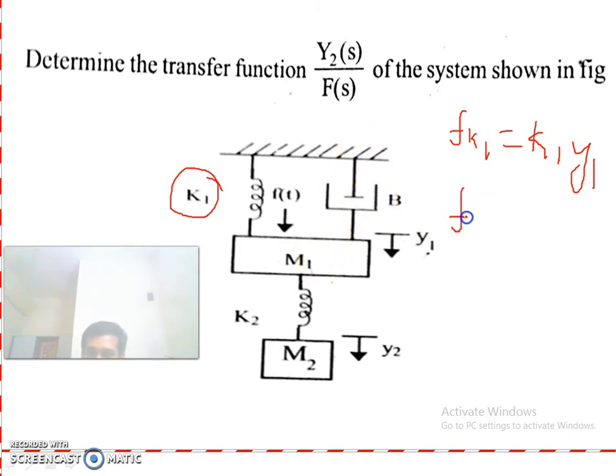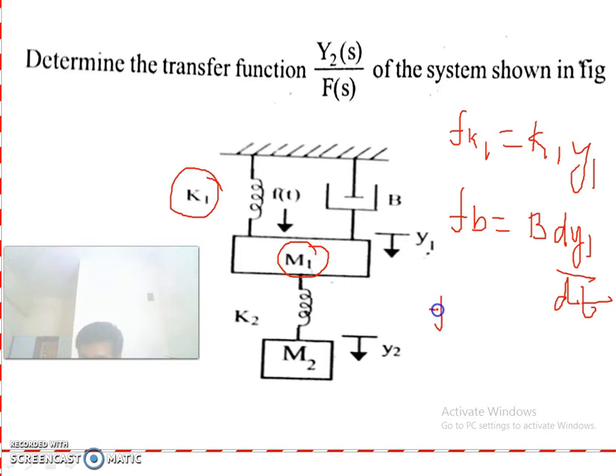So Fb is nothing but capital B into dy1 divided by dt. Okay. Now the opposing force due to the mass m1 is Fm1 is equal to capital M1 into d square y1 divided by dt square.